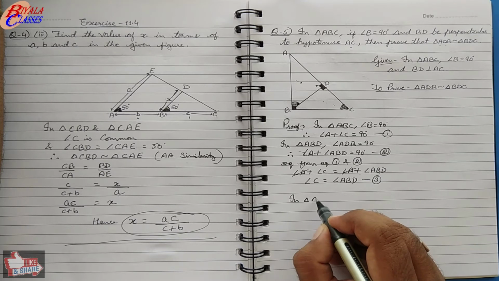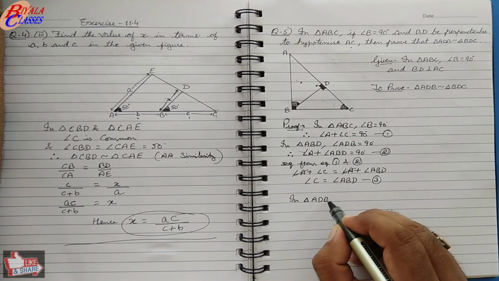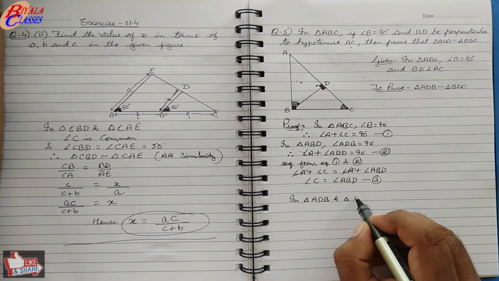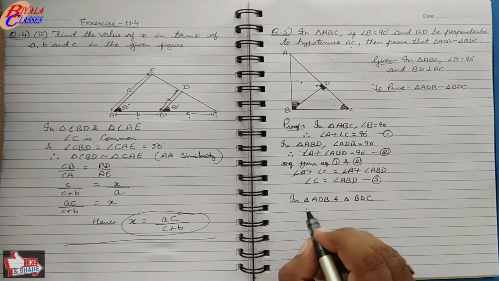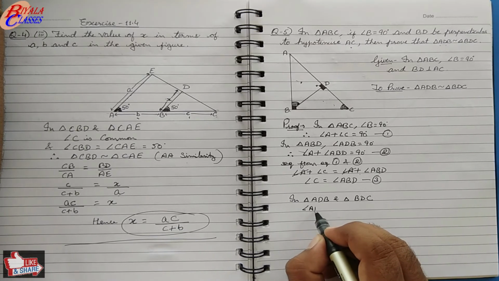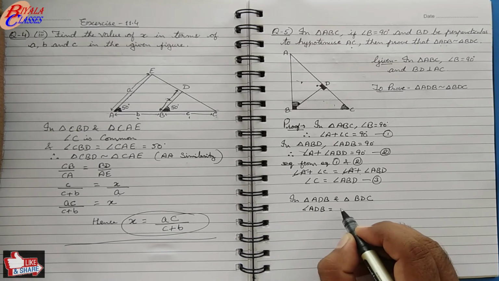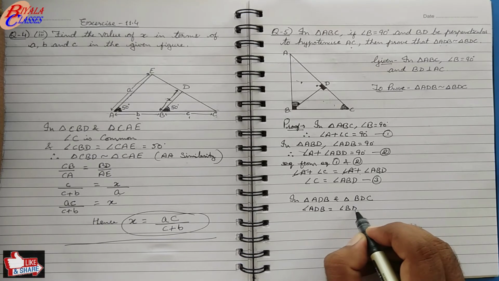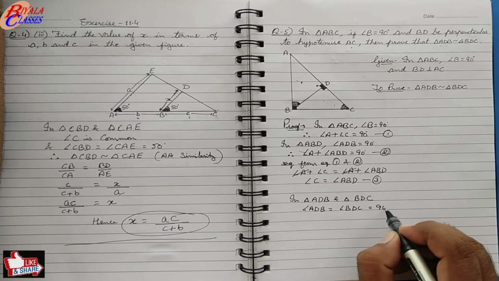So in triangle ADB and triangle BDC, angle ADB is equal to angle BDC because they both are 90.